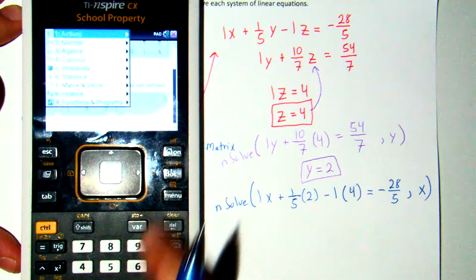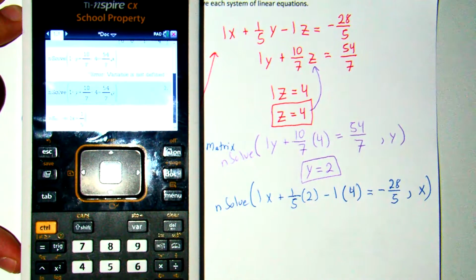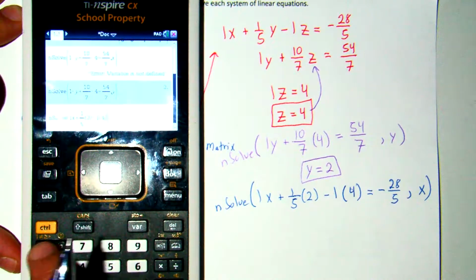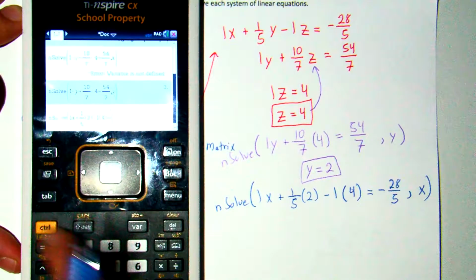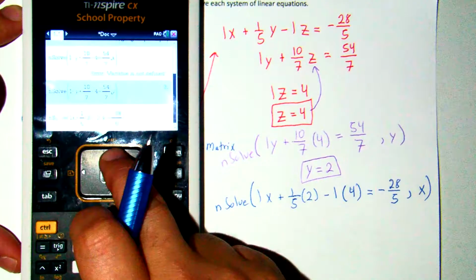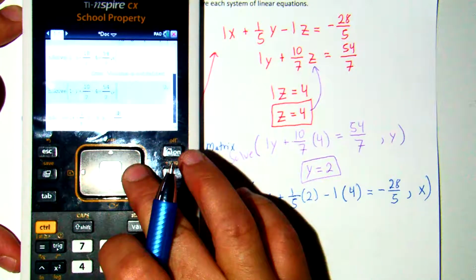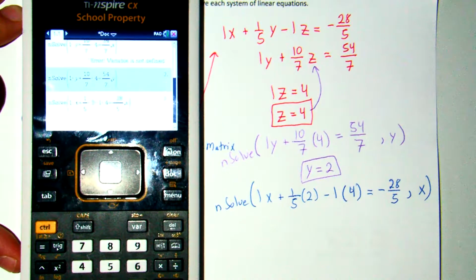So, menu 3, 1, 1x plus 1/5 times 2 in parentheses, subtract 1 times 4 in parentheses, and this equals, control divide, negative 28 over 5. If you notice, I put the negative there; either place is okay. And comma x. So we get x equals negative 2.